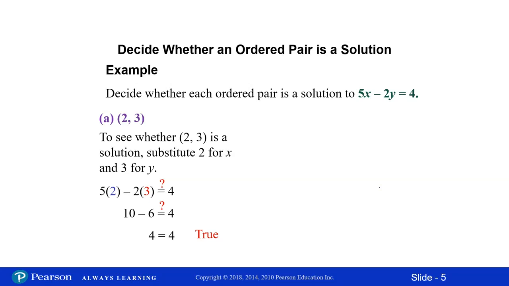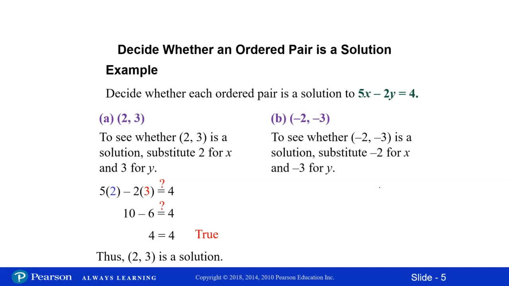Let's try another ordered pair for the same equation. This time my ordered pair is -2, -3. To see whether this -2, -3 ordered pair is working, I'm going to replace my x by -2 and my y by -3. Let's replace: 5 times -2 minus 2 times -3.